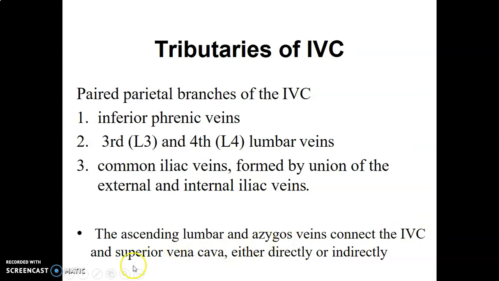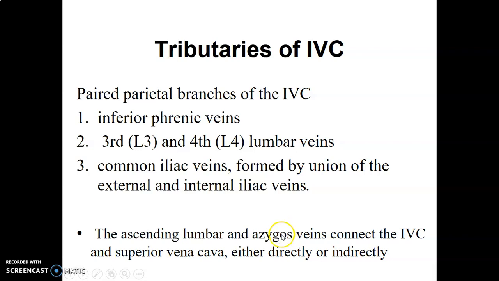It is between the subcostal vein and ascending lumbar on the right to form azygous, and subcostal and ascending lumbar on the left to form the inferior hemiazygous. So this gives a communication between the superior and inferior vena cava. Remember, the hemiazygous vein is a tributary of azygous, then azygous drains into the superior vena cava. So these provide communication between IVC and superior vena cava.